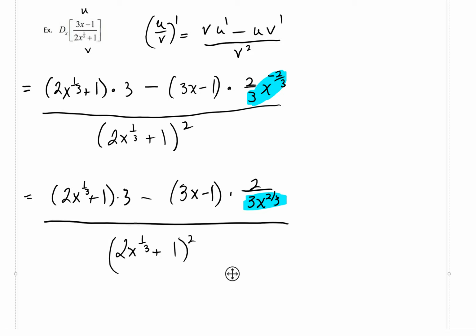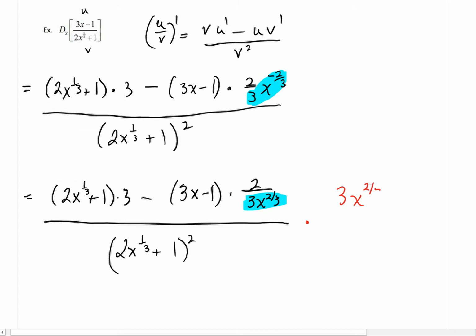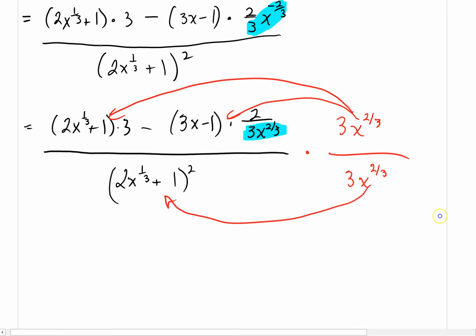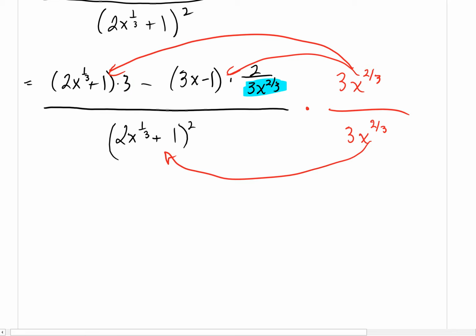The quick answer is, guys, you actually want to multiply the top and the bottom by that pesky little denominator that's causing all the trouble. Okay? So you're going to distribute that everywhere. As some teachers have said, they'll say multiply each part of the problem by 3x to the 2/3.